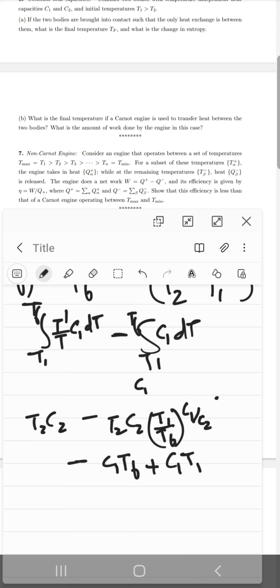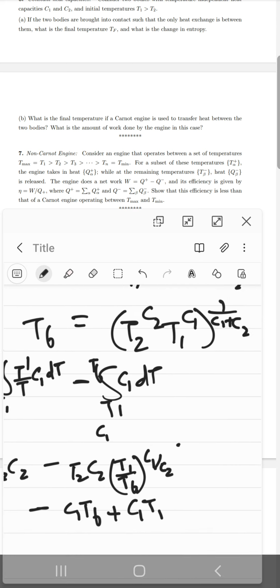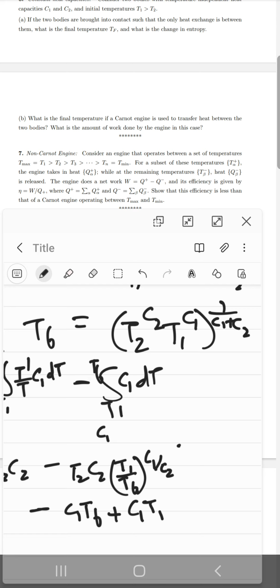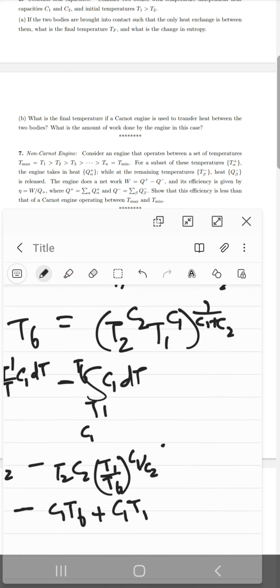So now we can use what tf is, most likely. Yeah, you can plug that in. Okay, I see. There's gonna be some stuff happening. So you can actually bring that c1 inside, isn't that right? So what do you have? tf is just this quantity.